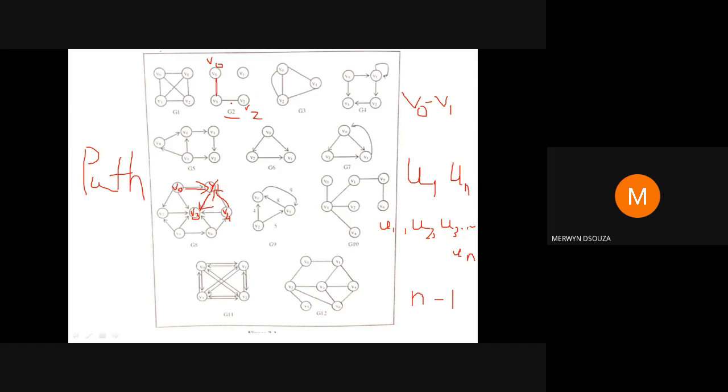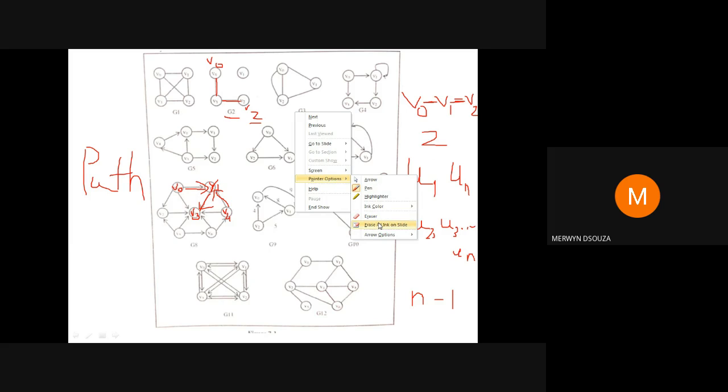Okay, and my final destination is V2. Then from V1 I would find a path to V2. So I would write V0, V1 and V2. Now if I want the length of this path, then how many edges are connecting this path? There is one edge here and another edge here. So the length of this path would be 2. Okay, length of the path would be 2. Now the question is, many of you must be having the question, is there always a unique path?